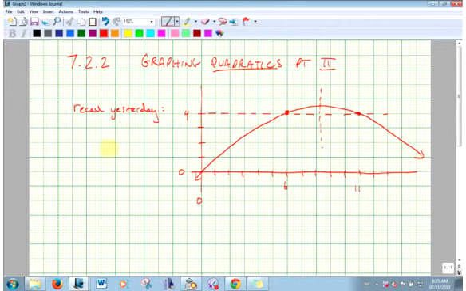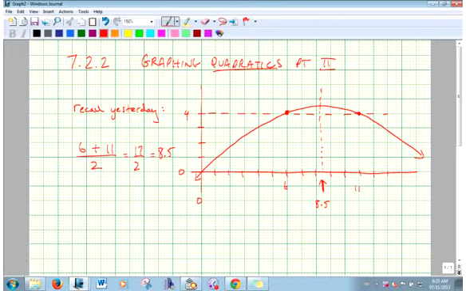If I got 6 on one test and 11 on another test, what's my average so far in this class? Divide it by 2, because there's 2 numbers. That's 17 over 2, that's 8.5. That's where the x coordinate is for my axis of symmetry.